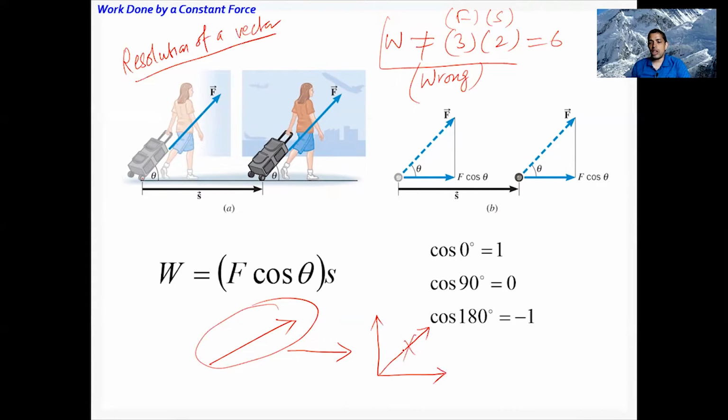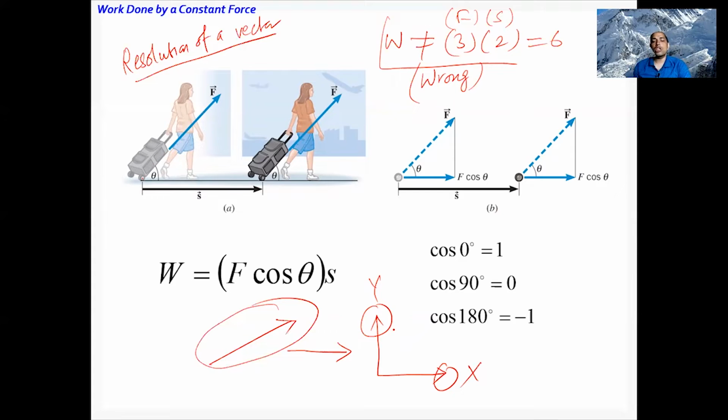Once you split it, you get two components, one in the y-axis, the other in the x-axis. There is no longer the original vector there because you split it. Now you have just two components, one in the x direction and the other in the y direction. So it means you can split your force in two perpendicular directions.